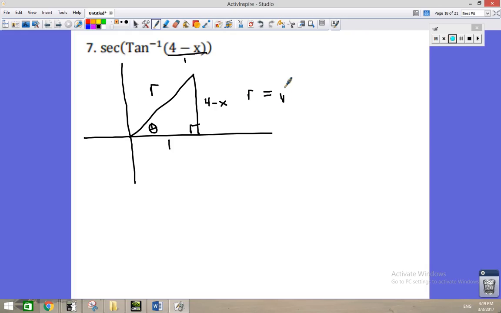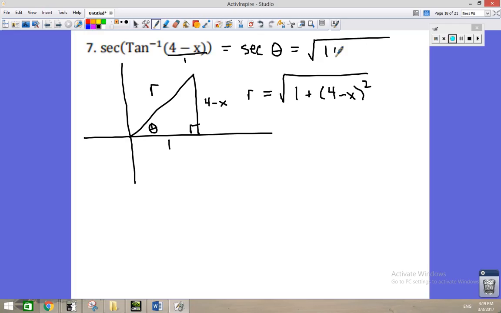And by the Pythagorean theorem, I've got 1 squared plus this 4 minus x squared. Alright, so the secant of theta is the reciprocal of cosine, so rather than 1 over r, it's r over 1, and we just found r to be this. So I'm just going to leave that as my final answer.